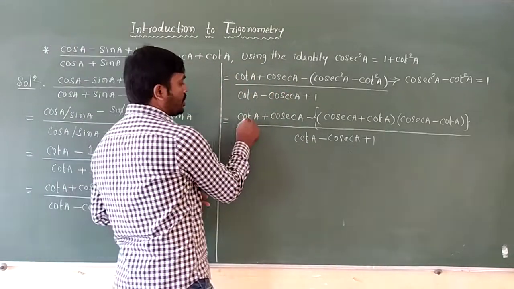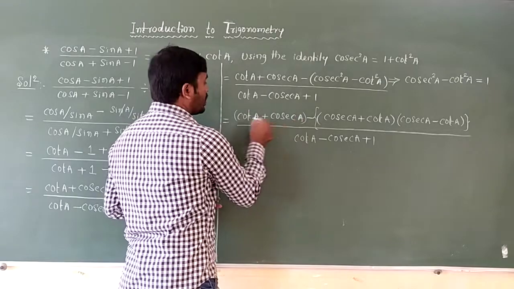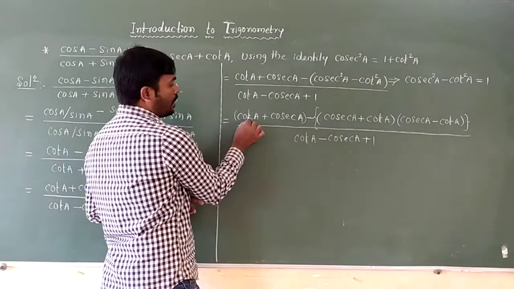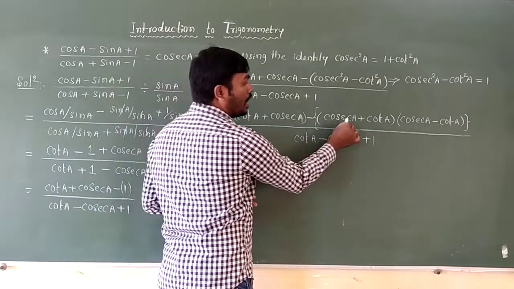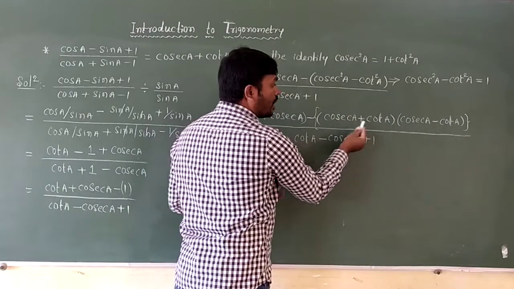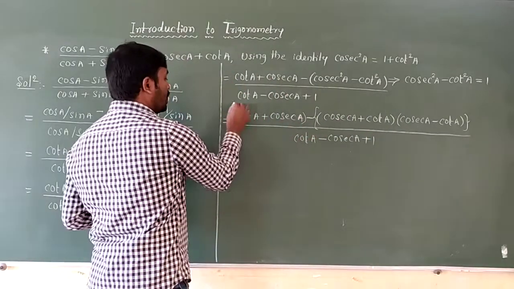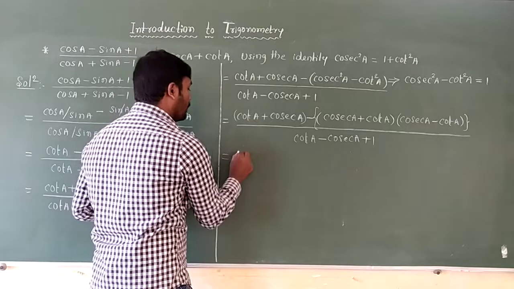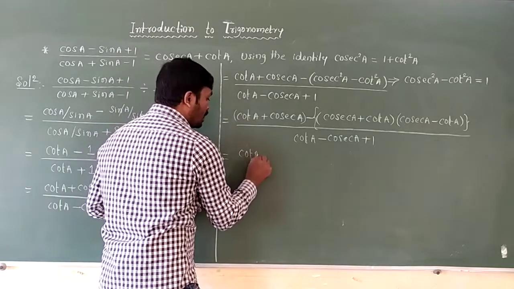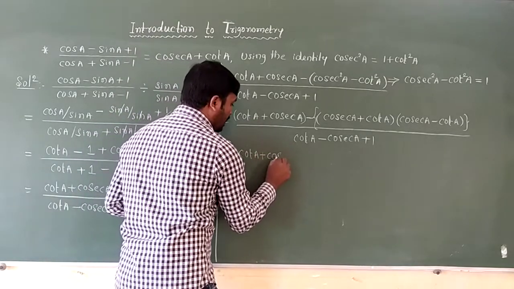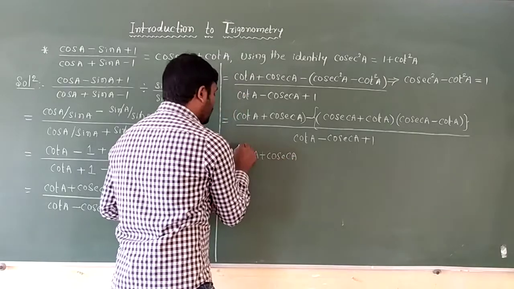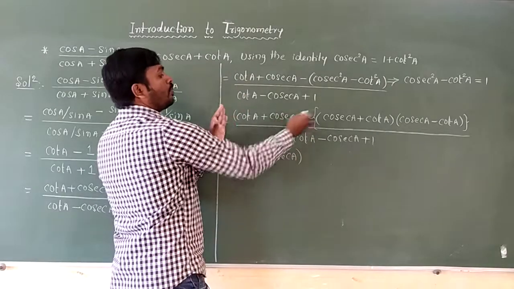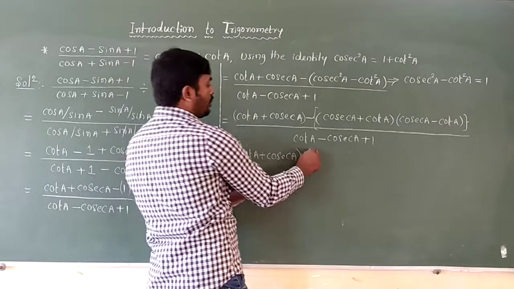Children, now observe here, in the numerator terms there is a common term, cot A plus cosec A. Here cot A plus cosec A is common, so we will take it out. So this is equal to cot A plus cosec A. If we take it out, what is left here?